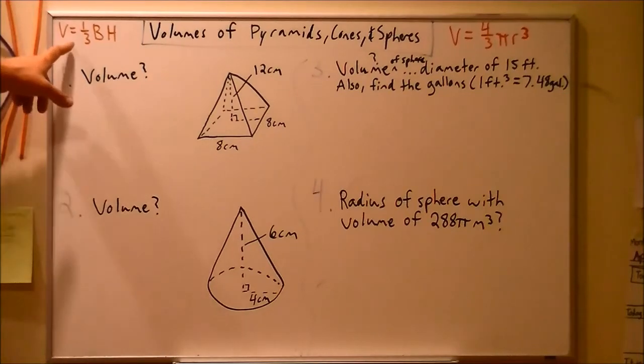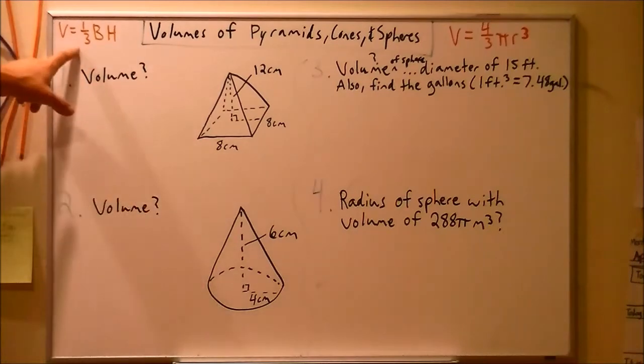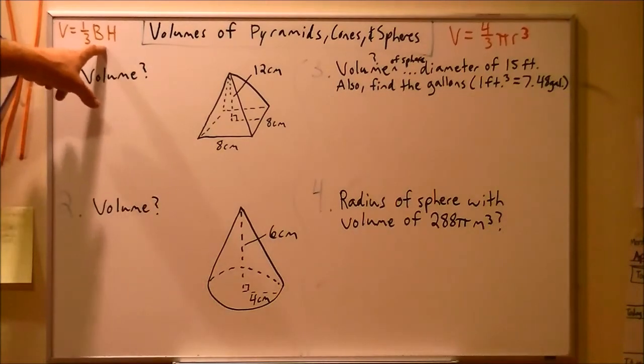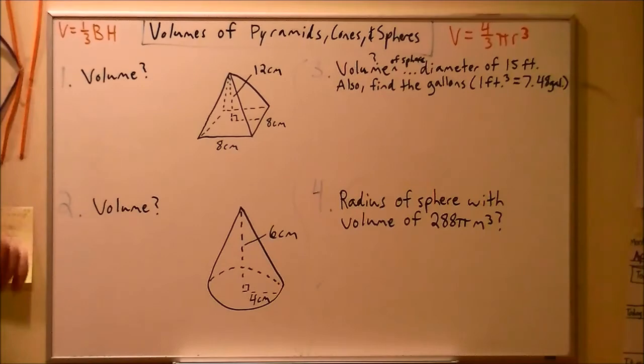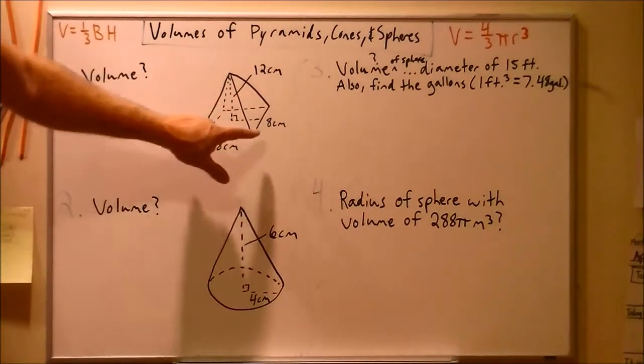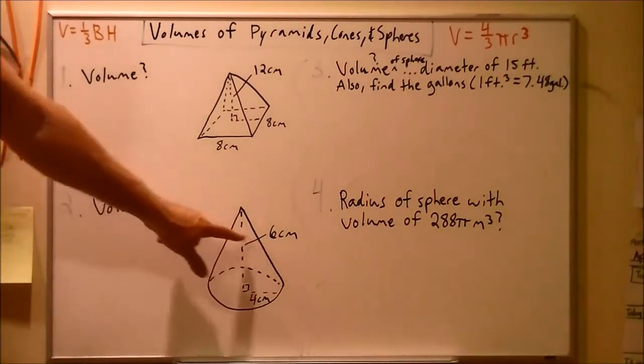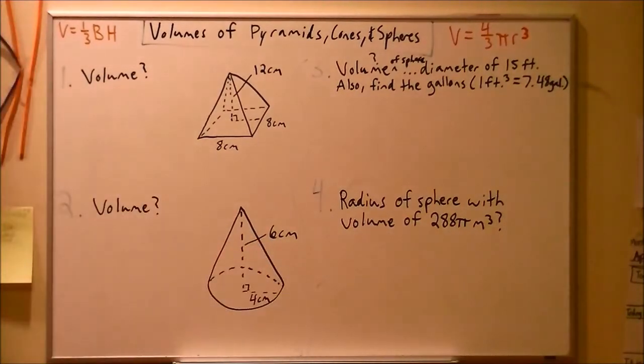So the volume of a pyramid or of a cone is one-third times the area of that shape's base. In the case of a pyramid, that's going to be a square at the bottom. In the case of a cone, that's going to be a circle at the bottom, times the height. Just times the upward dimension, the height of that shape.